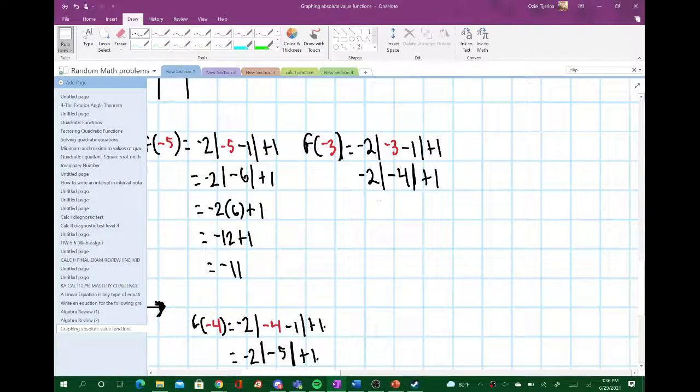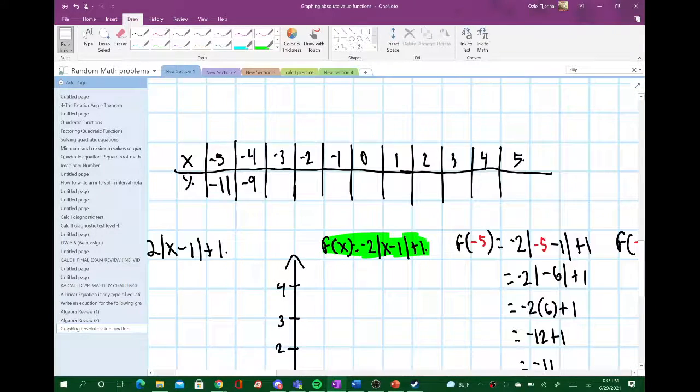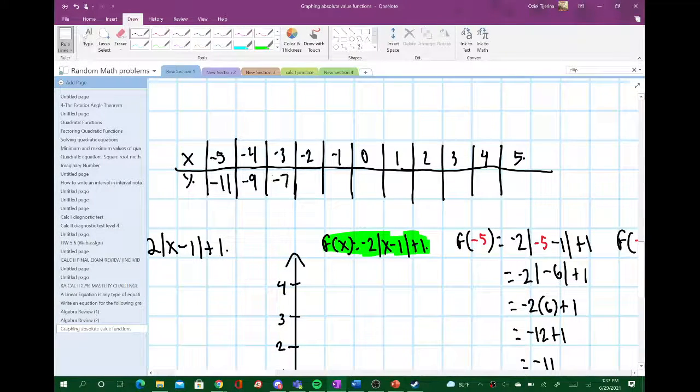So basically we have -2, and then the absolute value of -4 is just 4, plus 1, that'll be -8, so -2 times 4 is -8, and then plus 1, so -8 plus 1, that's just -7. And again, it goes off the grid, which is fine.